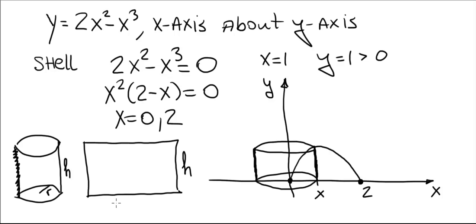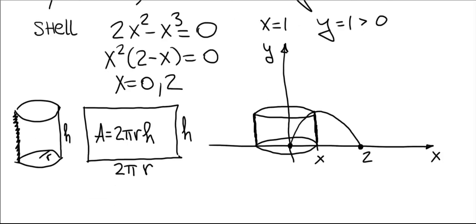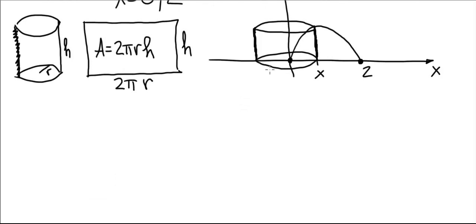The length of the rectangle is the circumference of the base, which is 2 pi r, and therefore the surface area is equal to 2 pi r h. We want to express both r and h as functions of x for this problem.